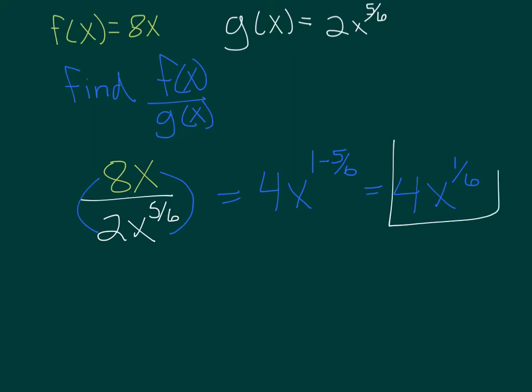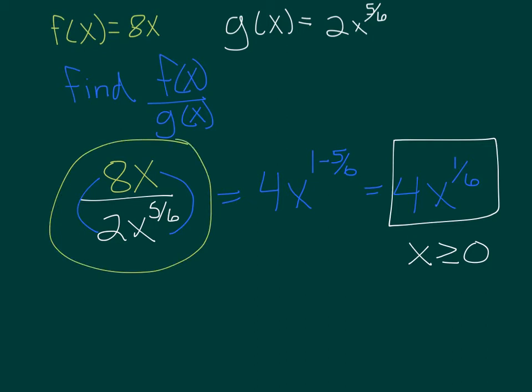And when you're looking at your final answer, you would say, okay, x has to be greater than or equal to 0. However, you also have to go back and look at your original right here when you plugged everything in, but before you simplified. We have division, and we all know that you cannot divide by 0.